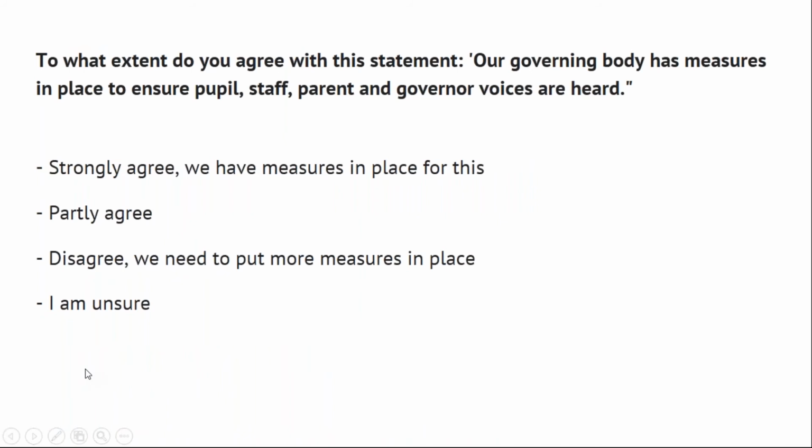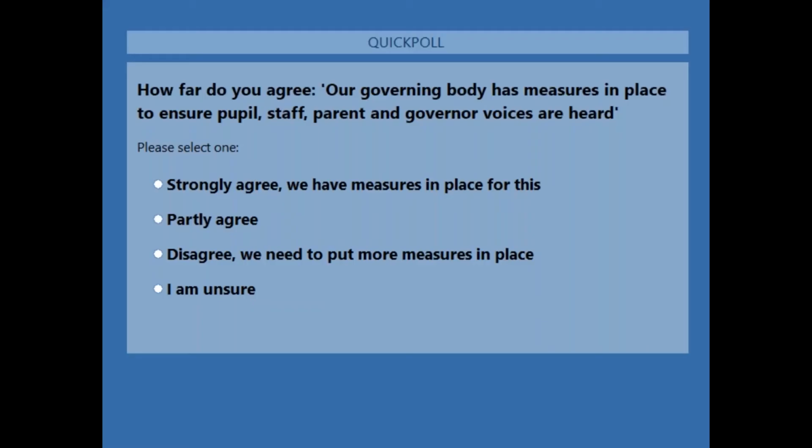So now for the second poll, I just want you to have a look at this question. To what extent do you agree that our governing body has measures in place to ensure pupil, staff, parent and governor voices are heard? So I'll launch that now.